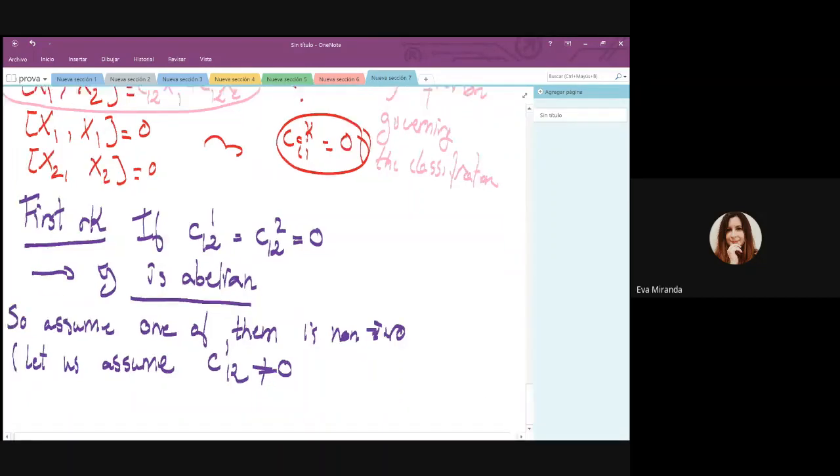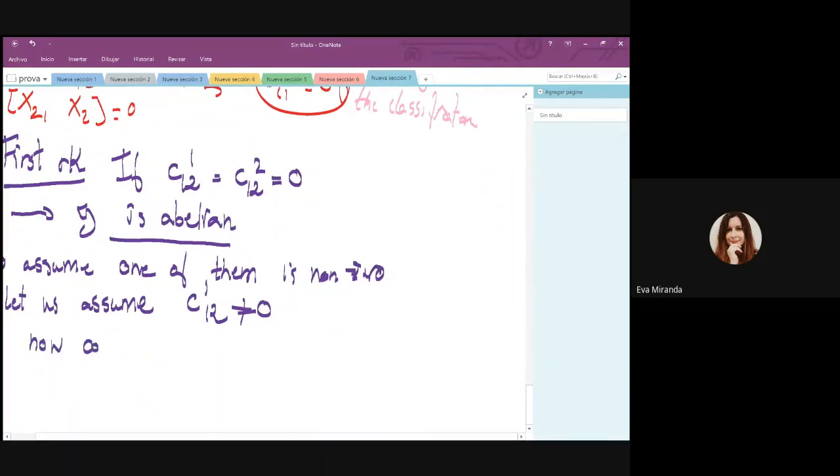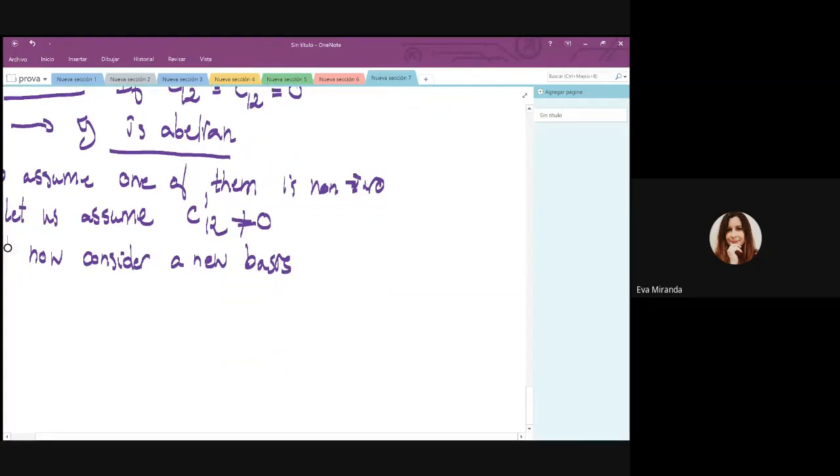Now consider a new basis, given by y1 equal to a combination of x1 and x2, and y2. Consider this change of coordinates.